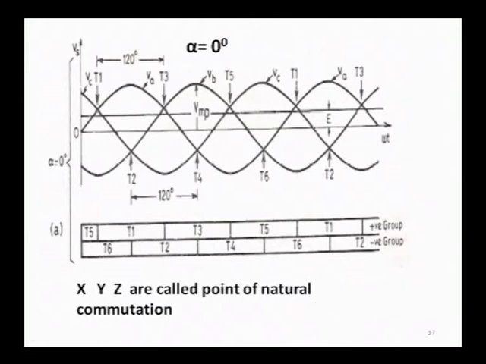Natural commutation occurs at these points, because the reverse voltage is applied across these two thyristors, the incoming thyristor and the outgoing thyristor. These terminologies are very important to understand the operation of three phase controlled rectifiers.